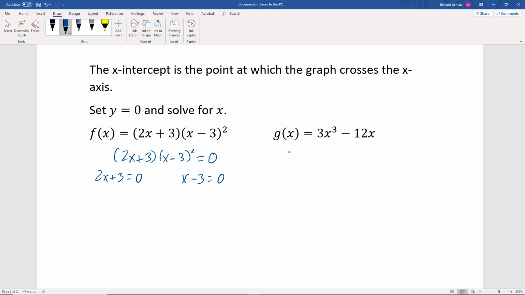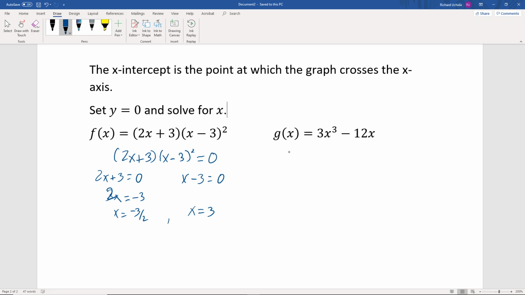Then you solve these linear equations separately. For the first one, I'd subtract 3 from both sides, so I get 2x equals negative 3. Divide both sides by 2, and you get x is negative 3 halves. For the second equation, add 3 to both sides, and you get x equals 3.